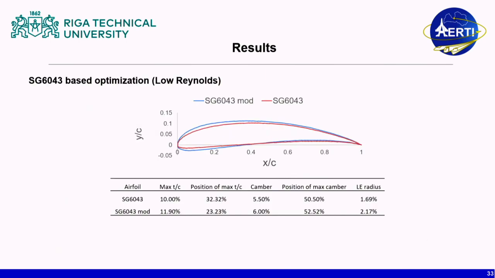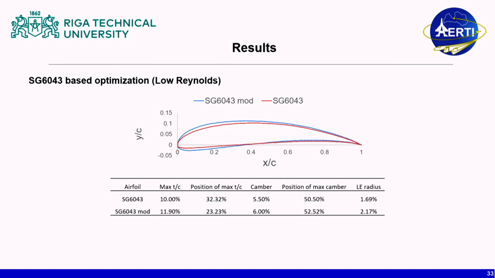Further on, we developed a new method to design the aerofoils, so this is the new aerofoil that we designed. The next step was to improve the characteristics of the existing aerofoil and generate a new aerofoil from the existing one. How did we do this? We used our newly developed method and optimized the aerofoil.